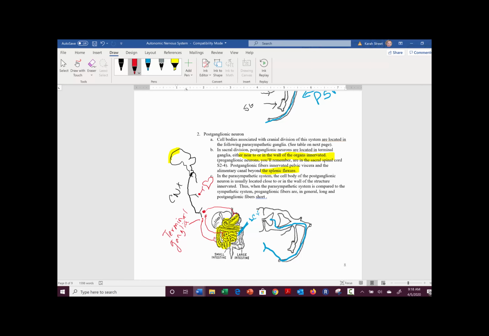They too would synapse on a postganglionic neuron found in the wall of the involuntary effector. And let's say we're trying to increase gut motility of the descending colon. So we would have to use a sacral equivalent with the preganglionic fiber exiting through a ventral root, going through a pelvic splanchnic nerve.